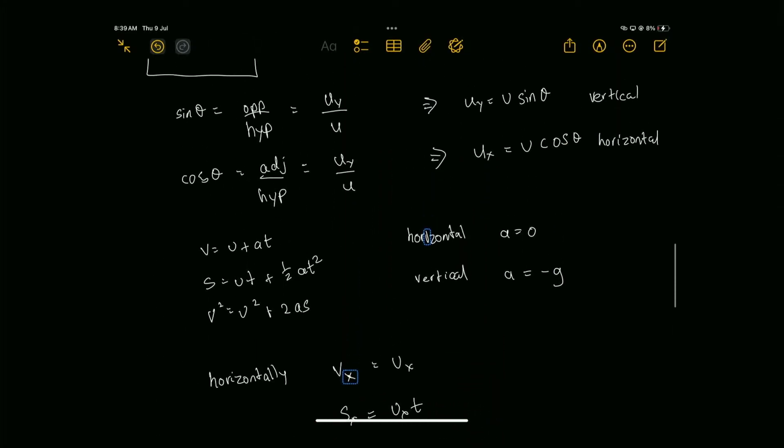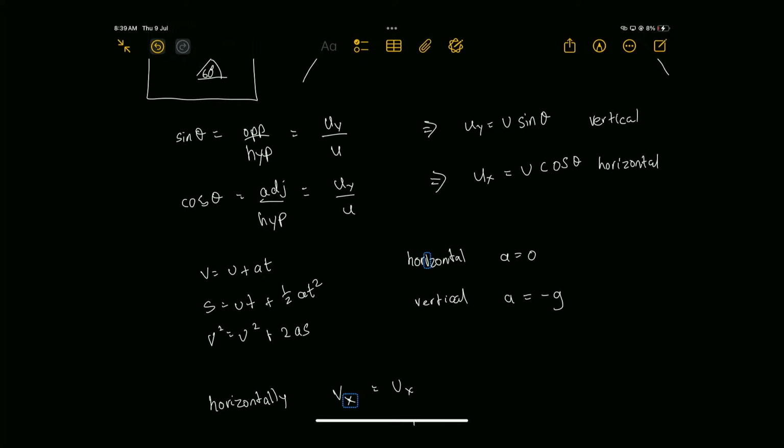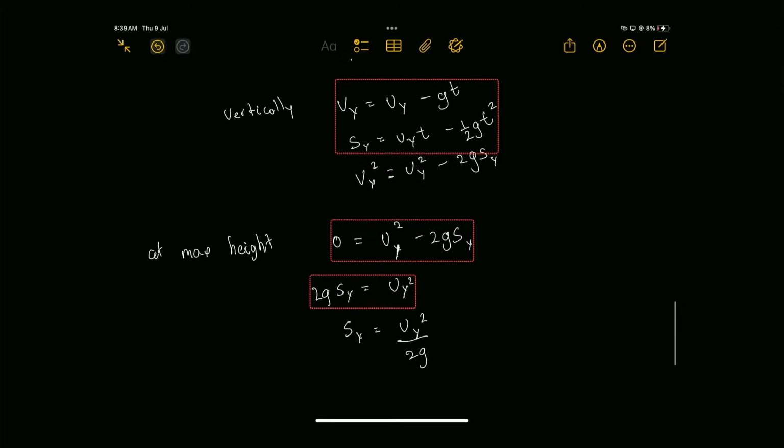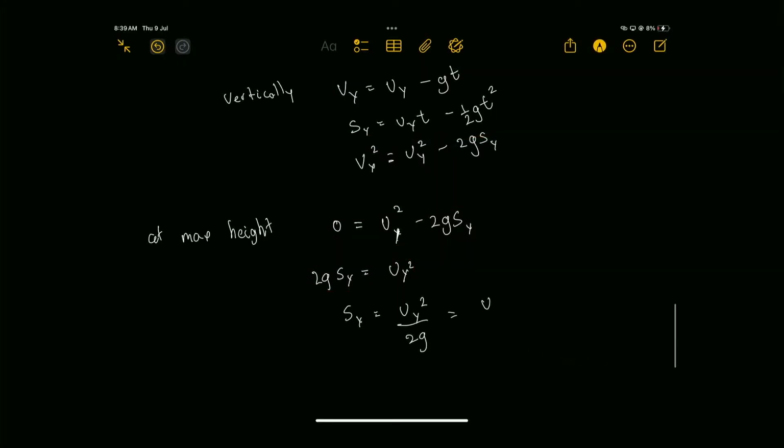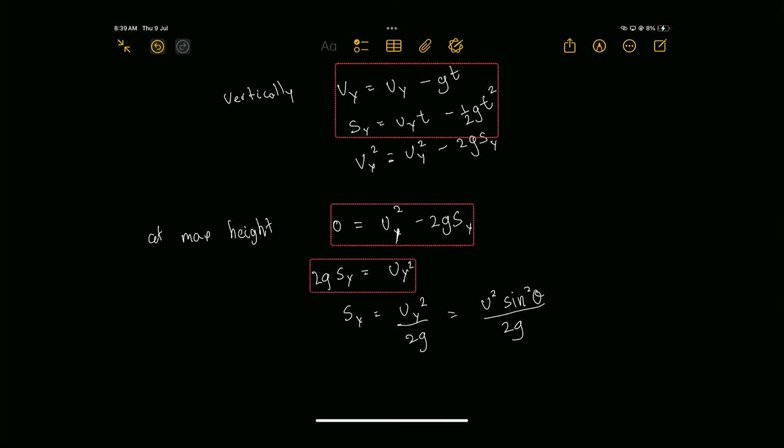We had the vertical component is u sine theta. So this is just equal to u squared sine squared theta over 2g. And we could substitute those values and get the answers.